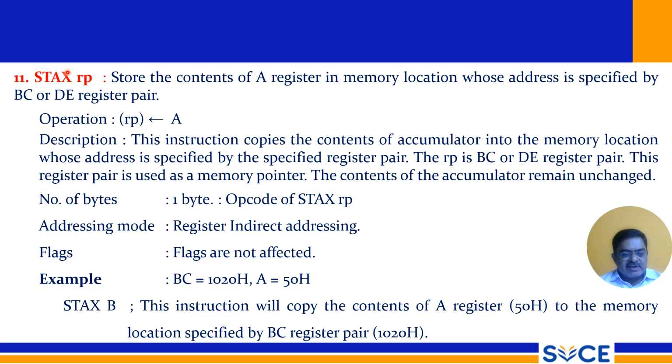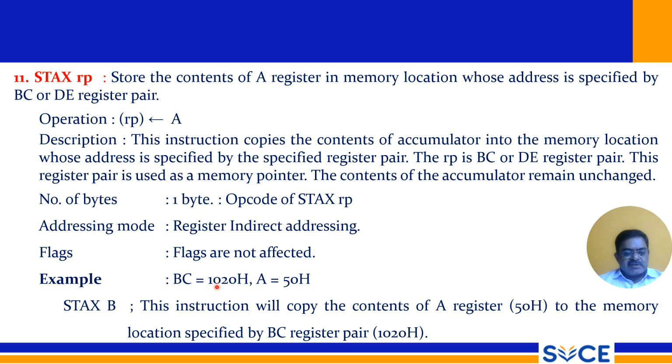It is accessing register to register, that's why it is register addressing mode, and also indirectly you are accessing the address through RP. The RP is containing the address, and in that address you are going to store the accumulator contents. That is why it is register indirect addressing mode.